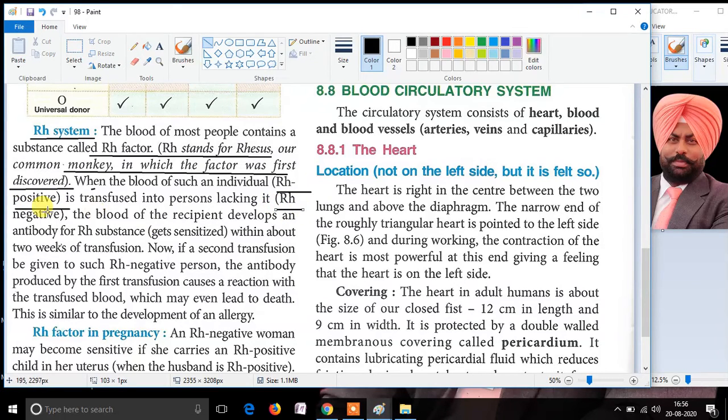The blood which has this rhesus factor is called Rh positive, and the blood groups which do not have this rhesus factor are called Rh negative blood groups. Thus, we can say that the ABO blood system also considers the Rh system along with it.